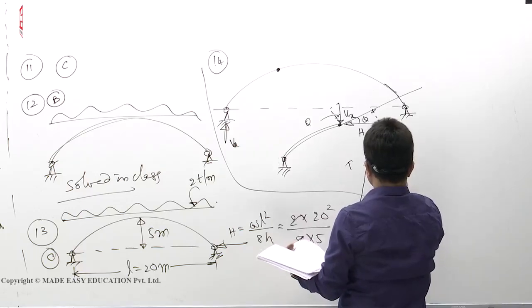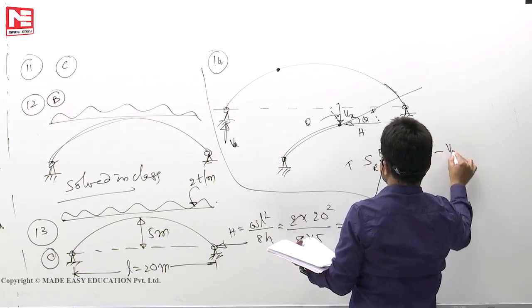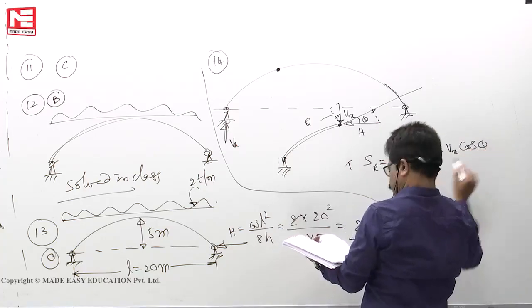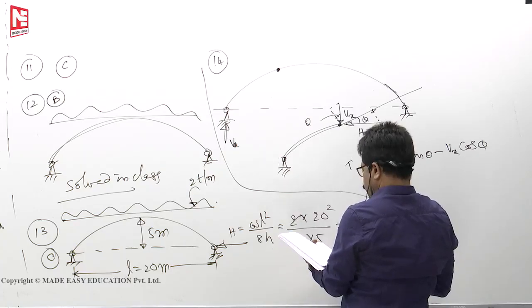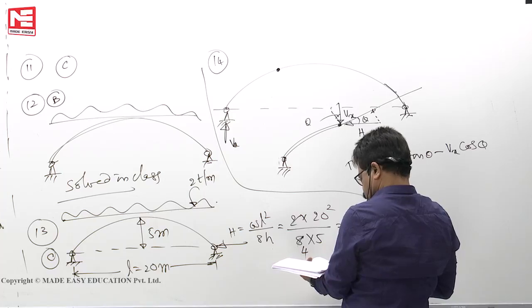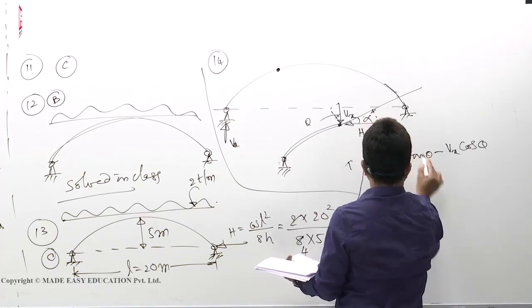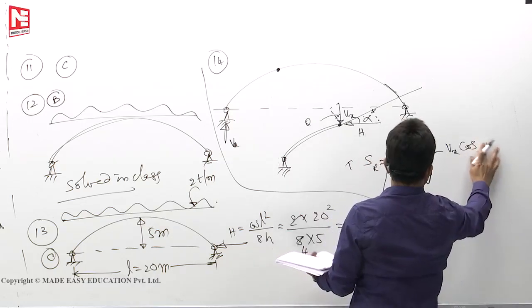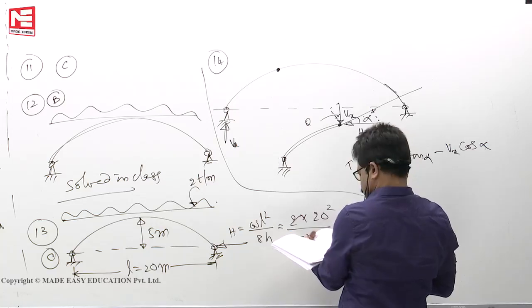So whatever it is, shear radial is H sin theta minus Vx cos theta. Only alpha he has given, so you write it as H sin alpha minus Vx cos alpha.